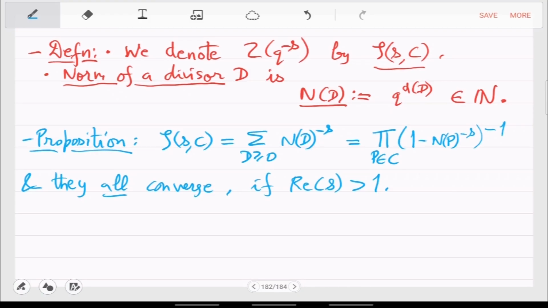Okay, so for these complex s, they actually converge, and for formal s, you have this identity. The first equality is just coming from the definitions, right? So why did we write it this way? Because now you can see that Riemann's original zeta function is of this type, exactly. Right, so there is an analogy.